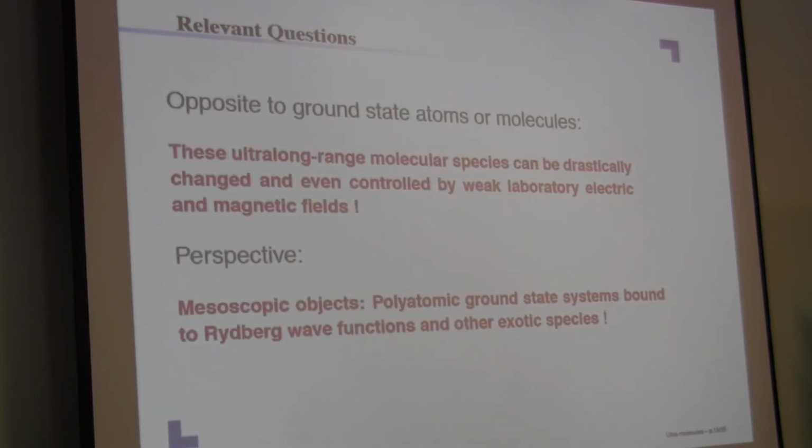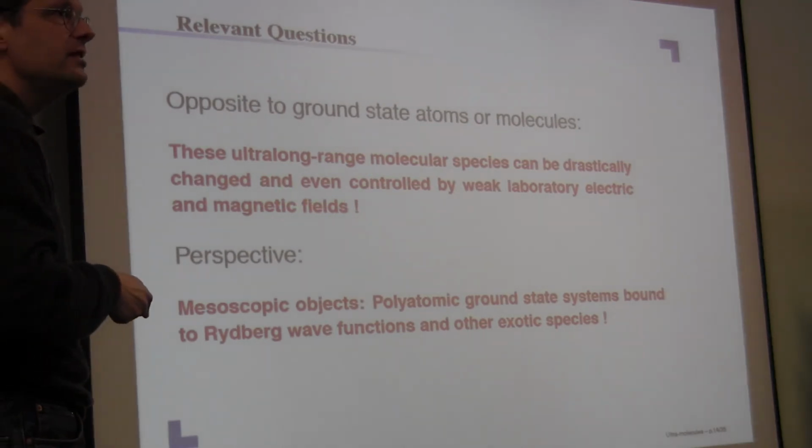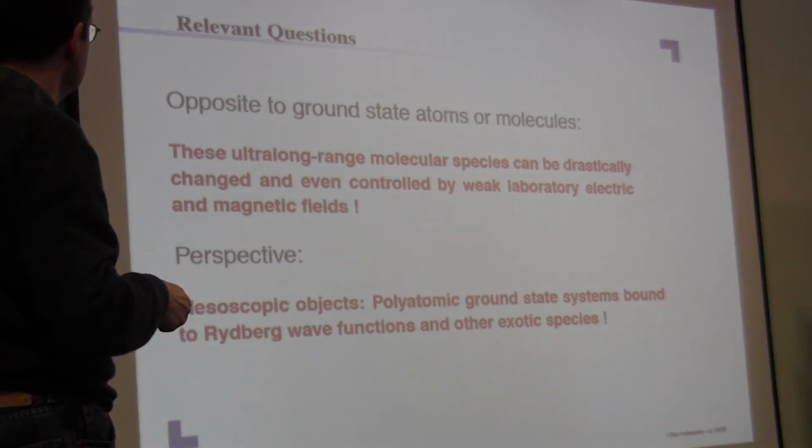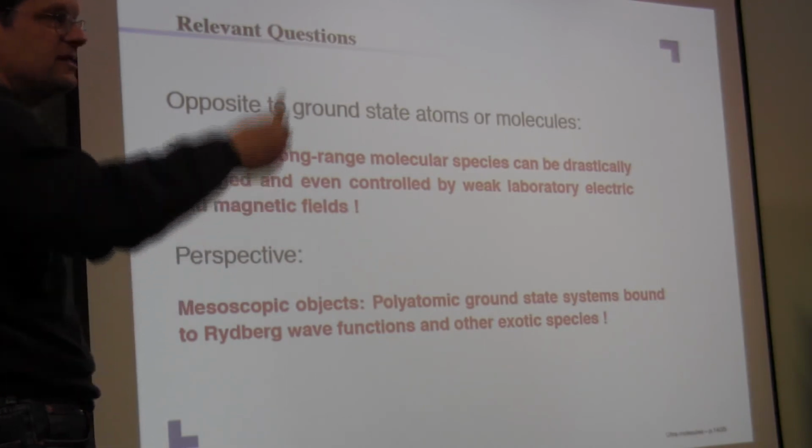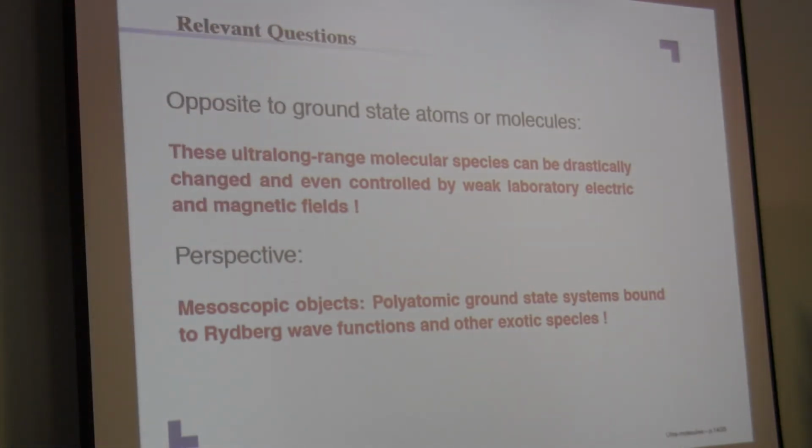Now, I'm coming to the central part of this lecture, the impact of external fields on these ultra-long-range molecules. It's obvious these are very weakly bound, so the external fields should have a strong impact.